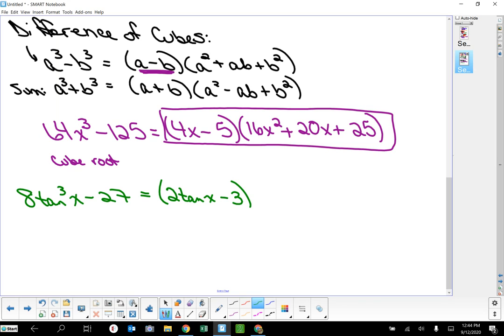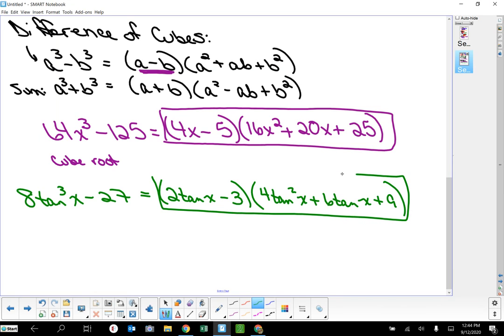So we would have that. And then if I square 2 tangent x, I would get 4 tangent squared x. Then I multiply these two things together. So 2 tangent x times 3 is going to be 6 tangent x. And then I square the 3, so plus 9. And that's what I would get if I were factoring that out.